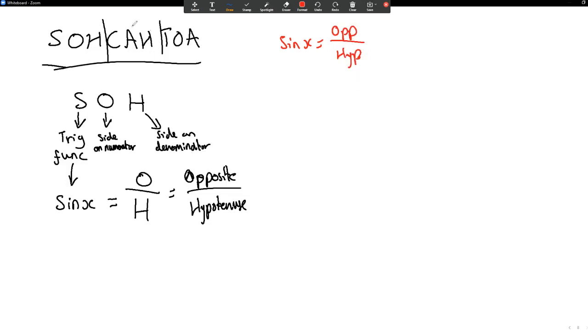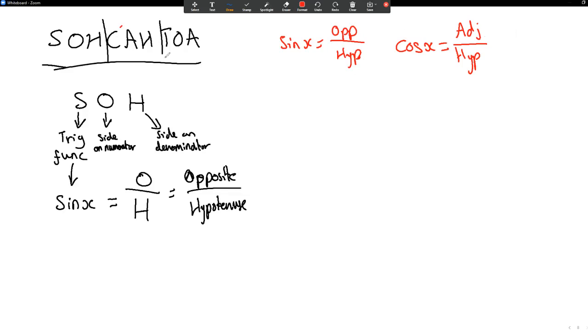Now let's look at CAH. So CAH, well, the trigonometric function beginning with C is cos. And again, our numerator will be the second letter, which is your A, or the adjacent. And then we have H, which if we remember, is the hypotenuse.